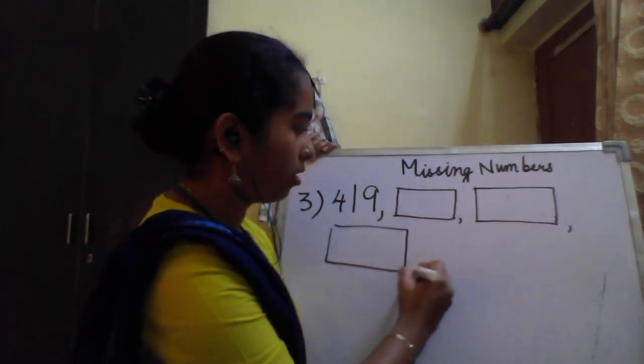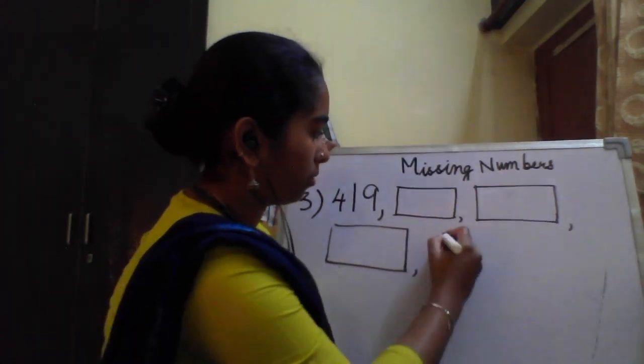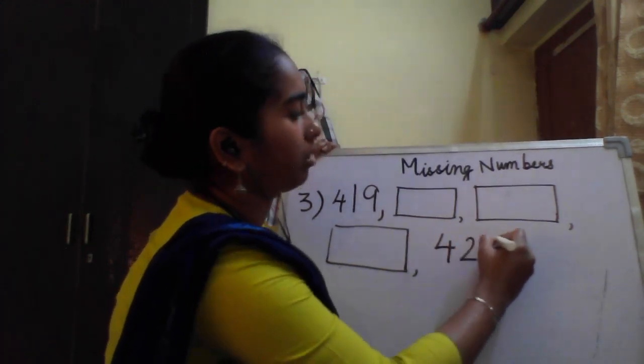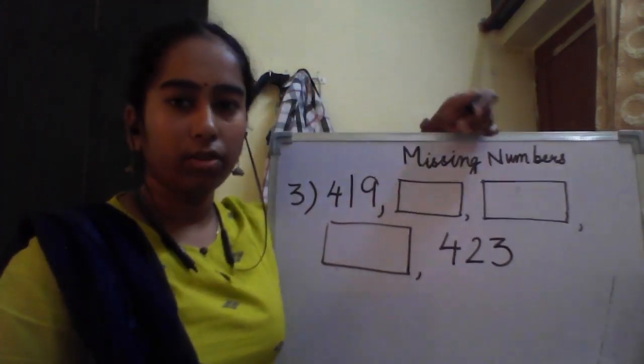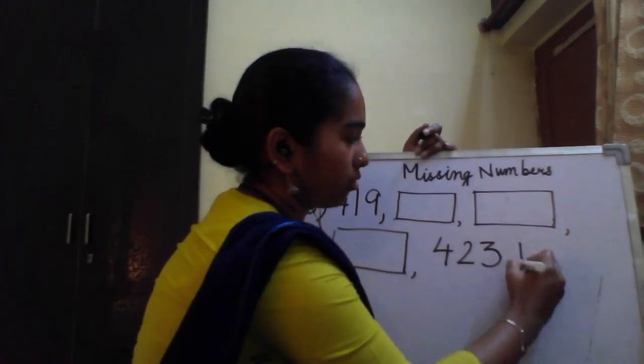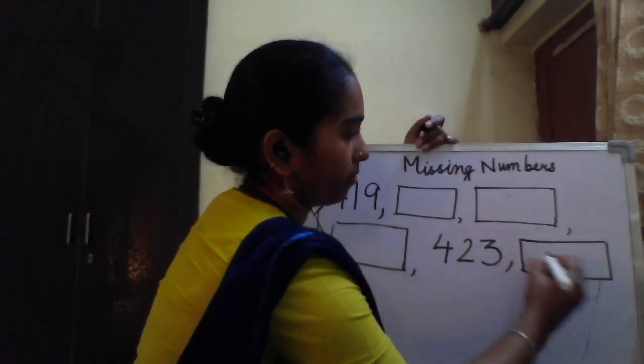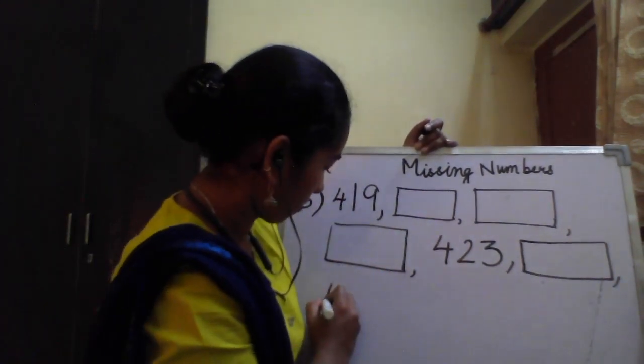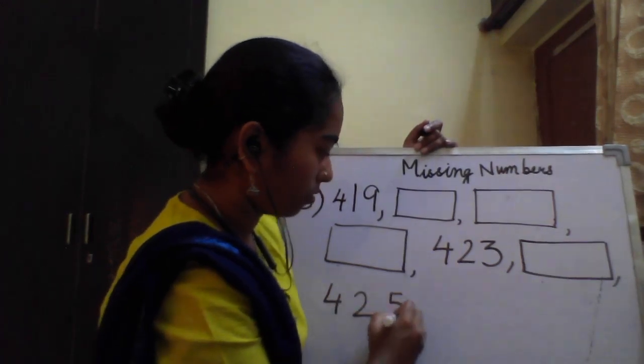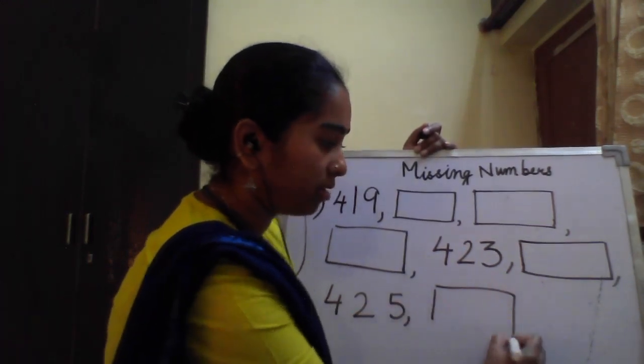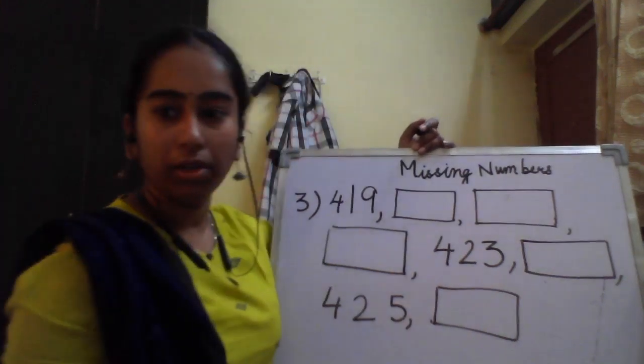We have one more. Next, let's draw one more. So it is full of numbers. Yes. So can you do it on your own?